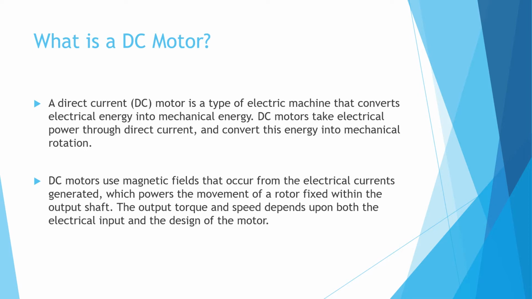DC motors use magnetic fields that occur from the electrical currents generated, which power the movement of a rotor fixed within the output shaft. The output torque and speed depend upon both the electrical input and the design of the motor.